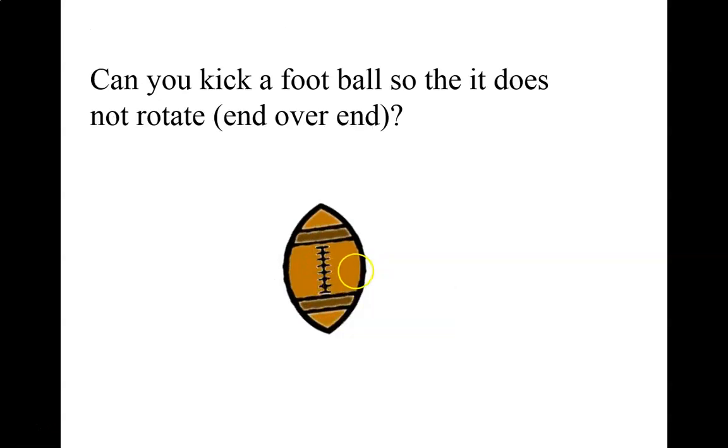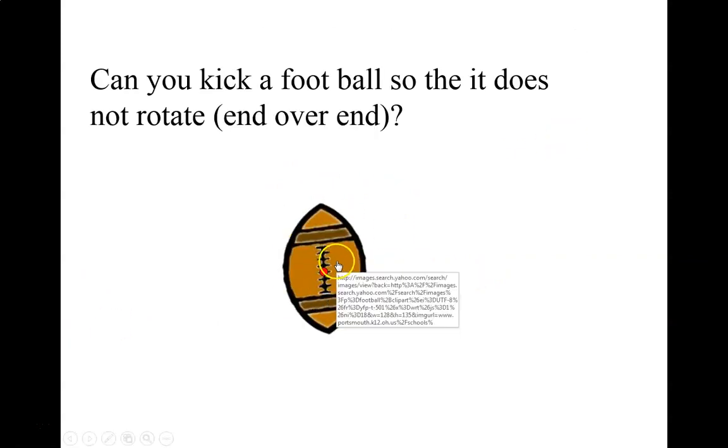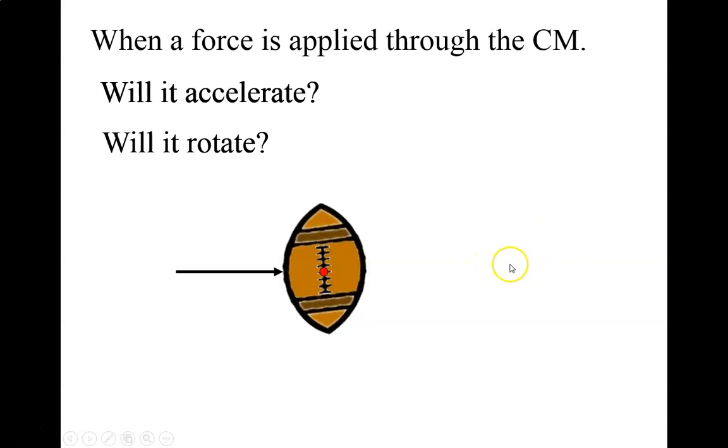Could you kick a football so that it will simply take off, but it won't rotate? Could you kick a football in such a way where it doesn't rotate, it just takes off without rotating? And the answer is yes.